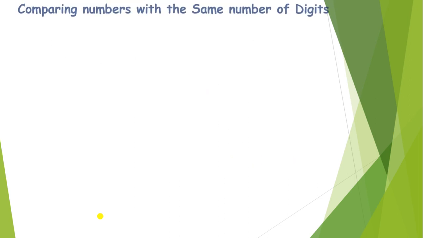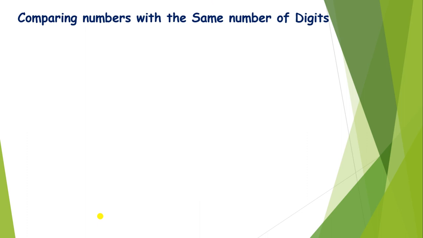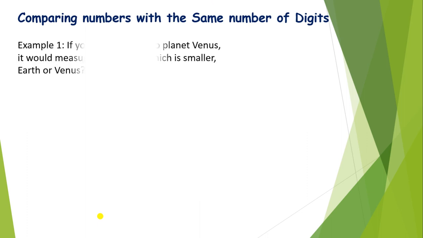Let's see another case, comparing numbers with the same number of digits. To understand this, let's take one example. If you did the same to the planet Venus, it would measure 12,104 kilometers. Then in such case, which is smaller, Earth or Venus?